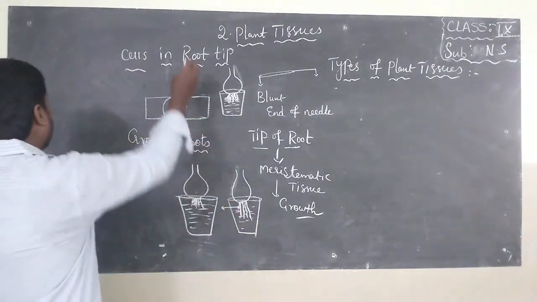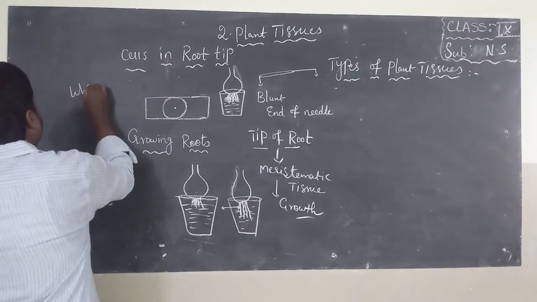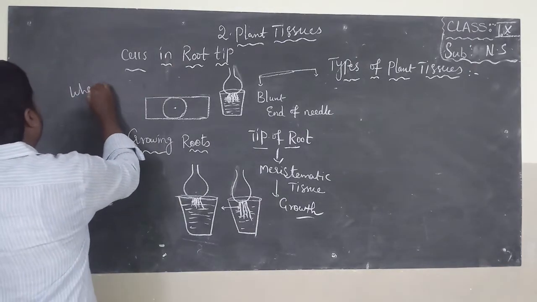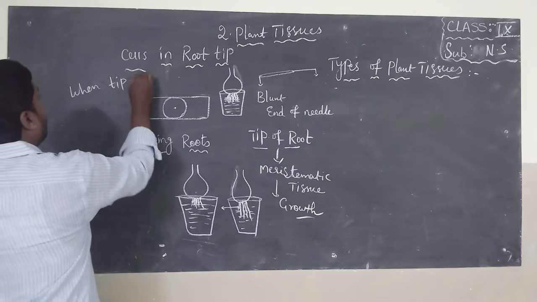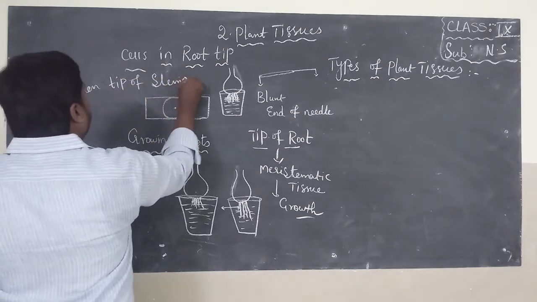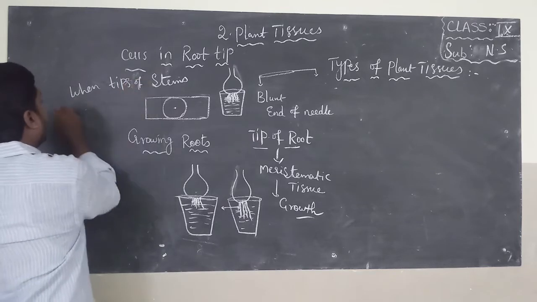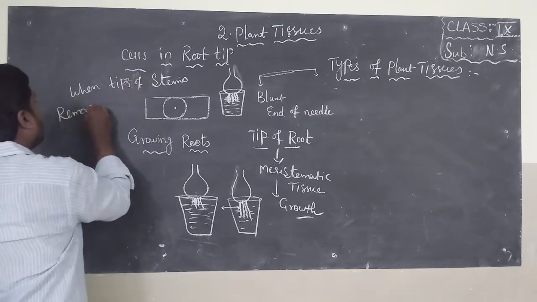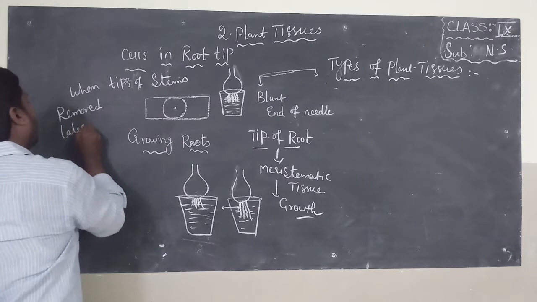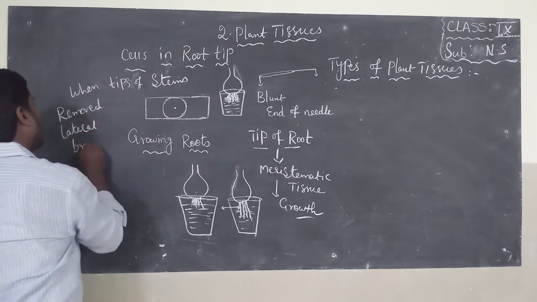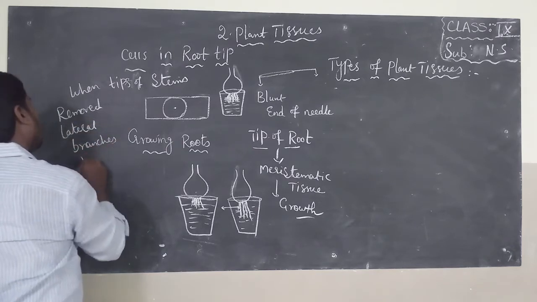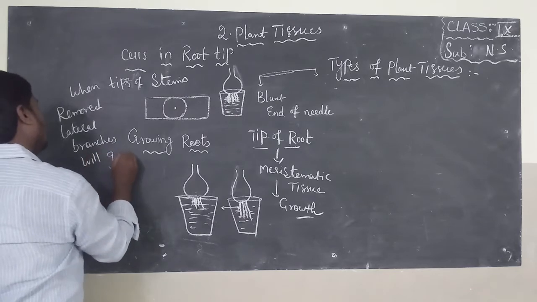Very important: when tips of stems are removed, lateral branches will grow.